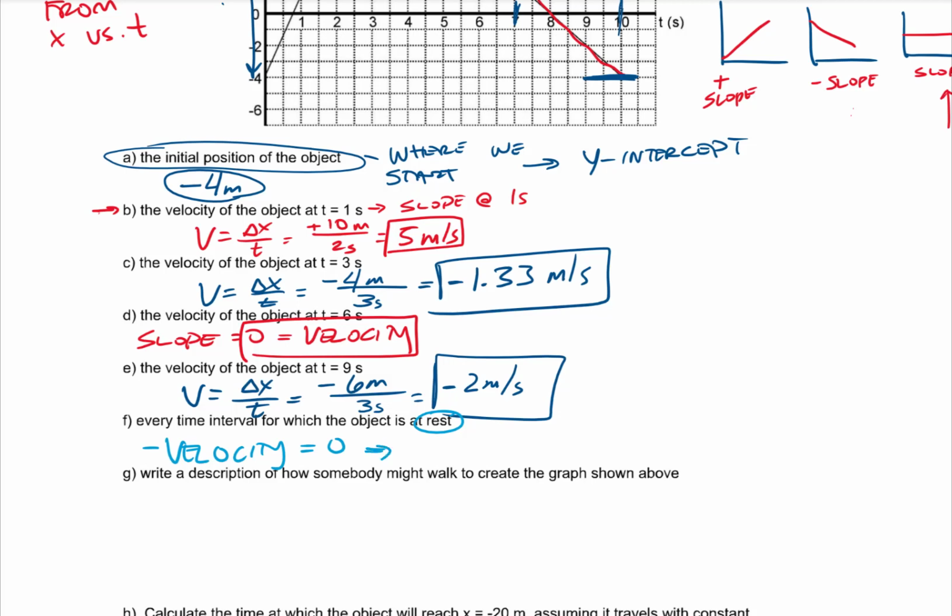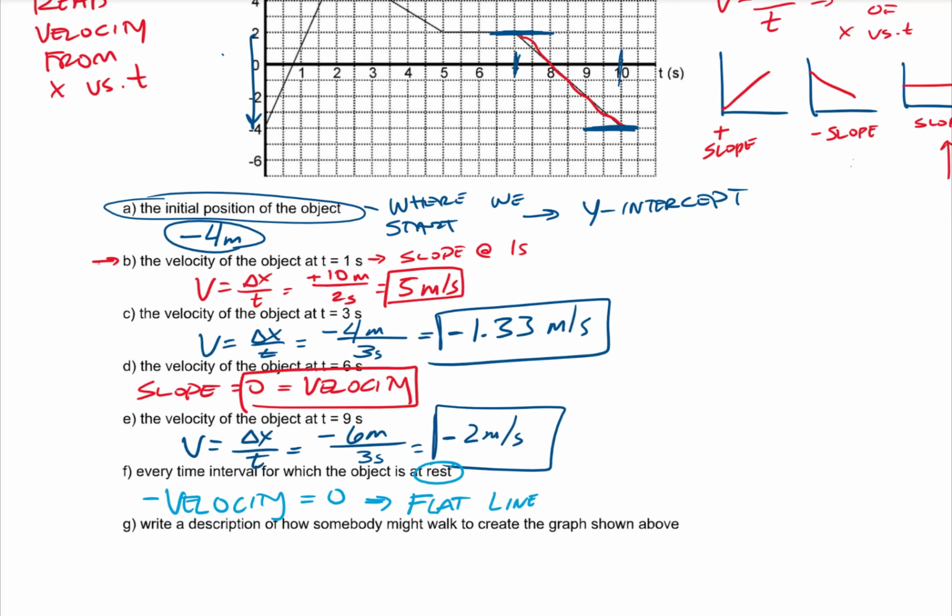And what that means is we have a flat line. Now, on our graph, we have a flat line from 5 seconds to 7 seconds. Those are the only times when we are at rest. So 5 seconds to 7 seconds. That's all I mean by time interval, what chunk of time.